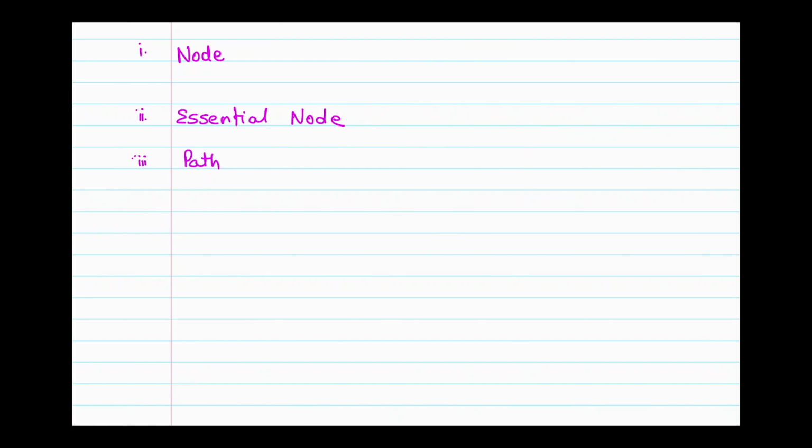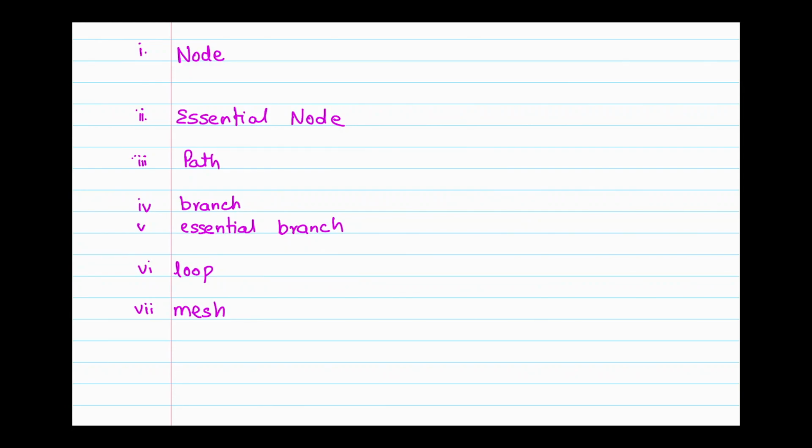Okay, and then we'll define a branch. And then hand in hand with the definition of branch, we'll define an essential branch. Then we'll talk about a loop and a mesh. Okay, some pretty simple definitions, and these are available in the textbook as well, but we will discuss these.